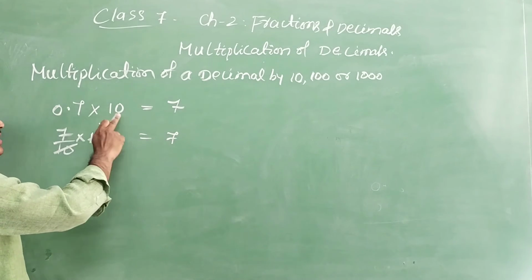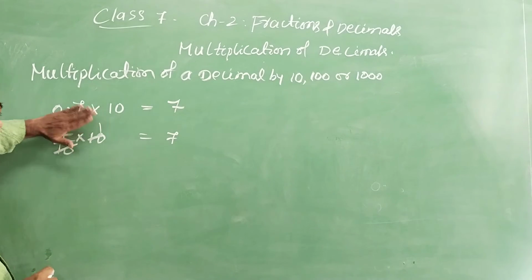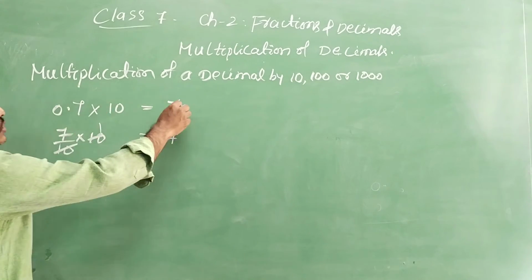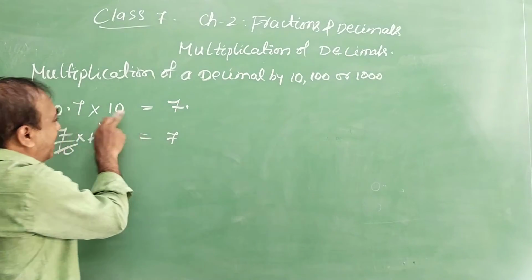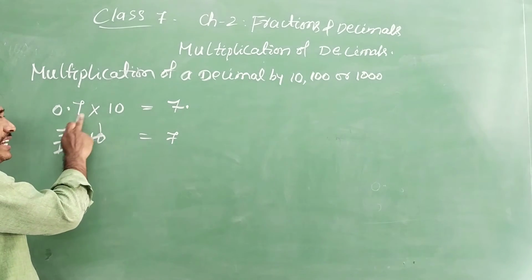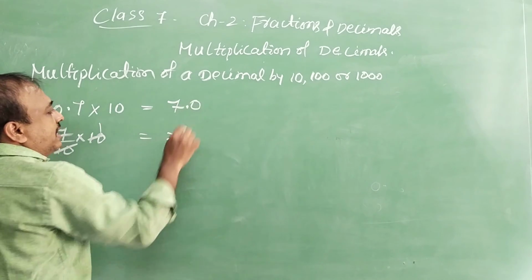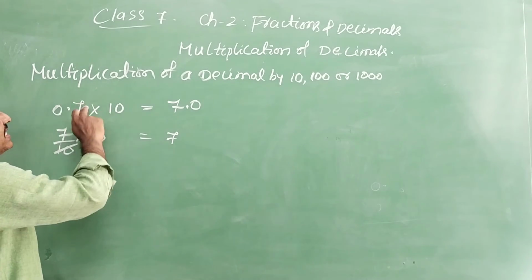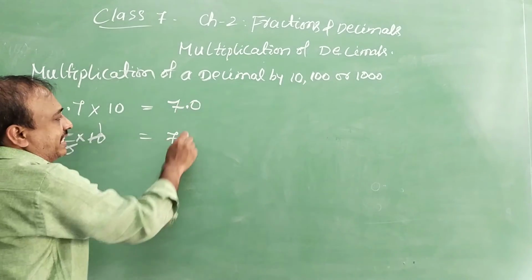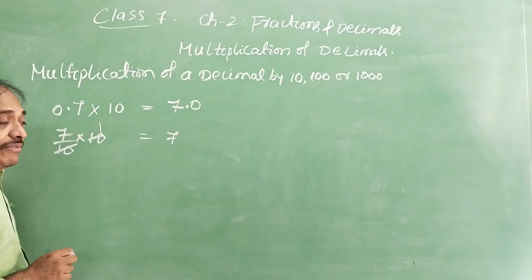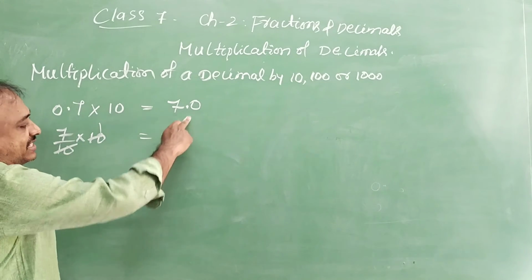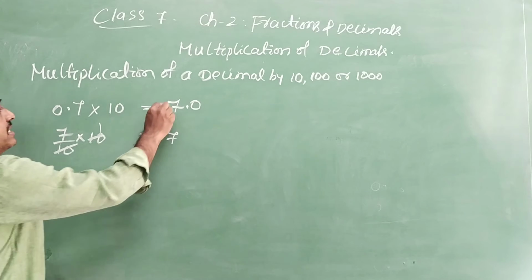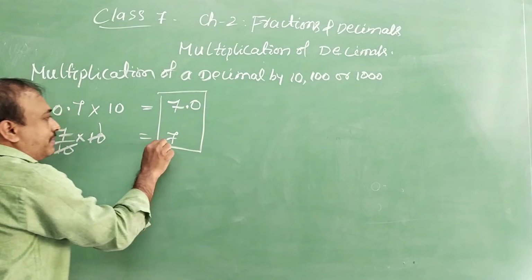So 7 into 10 is 70, and the point will move towards this side. So it is 7.0, or nothing but 7.